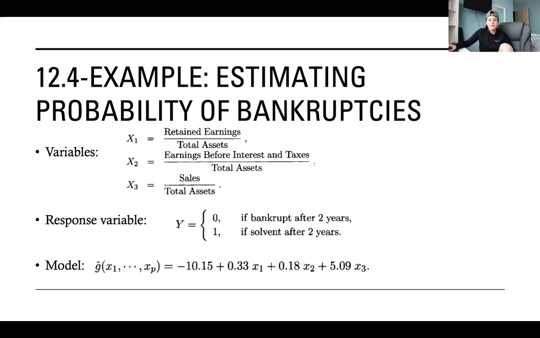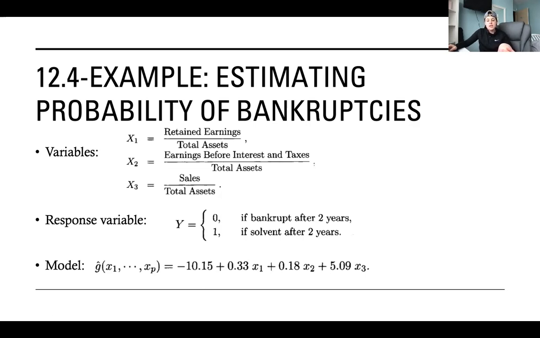They also had a response variable of y, which, like we saw before, is binary, with a 0 if the firm was bankrupt after 2 years, and a 1 if the firm was not bankrupt, or solvent, after the 2 years. The model they came up with in this example was negative 10.15 plus 0.33 times x sub 1 plus 0.18 times x sub 2 plus 5.09 times x sub 3.